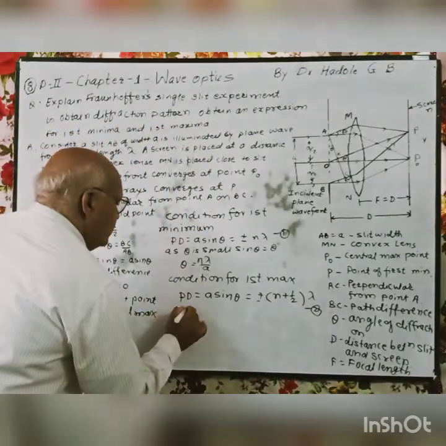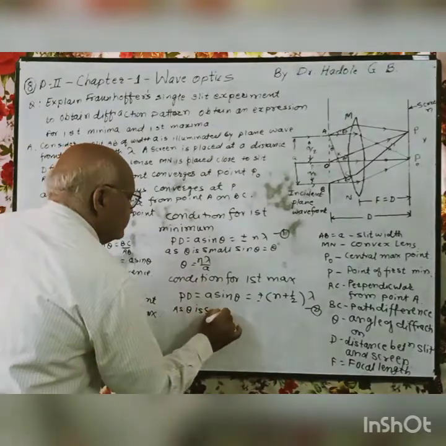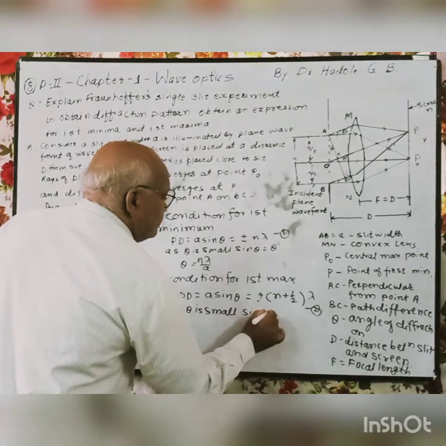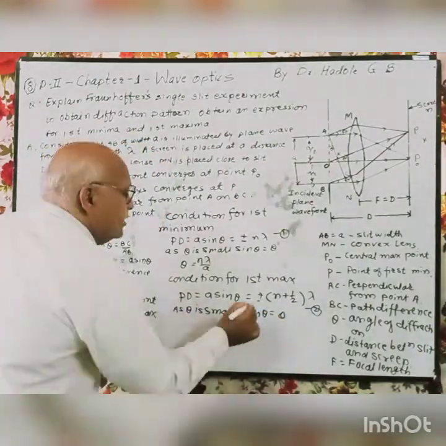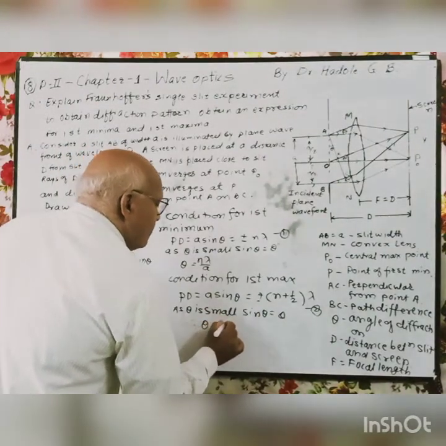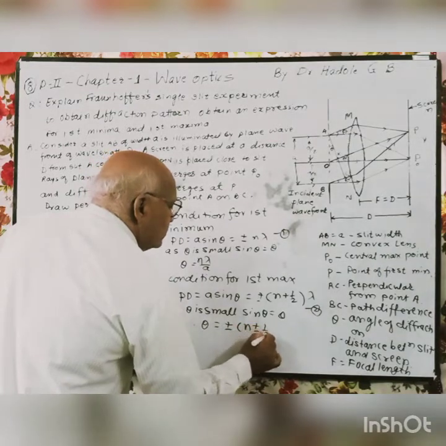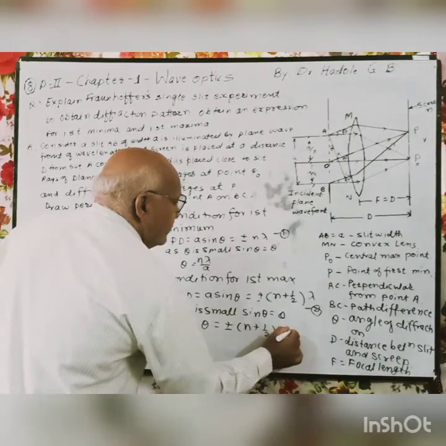As theta is small, sin theta equals theta, and therefore we get theta equals plus or minus (n plus half) into lambda upon a.